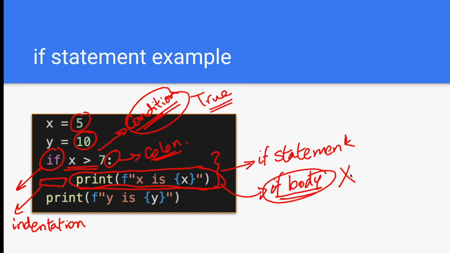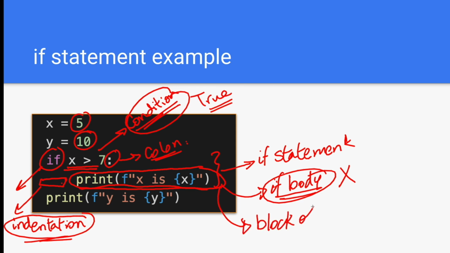Now, someone can ask, what is the purpose of the indentation? Why do we need an indentation here? The indentation is a way to tell Python that this particular group of statements, in this case, it's just one statement, but in general, you can have more than one statement, and we're going to see how. They belong to the same block of code.